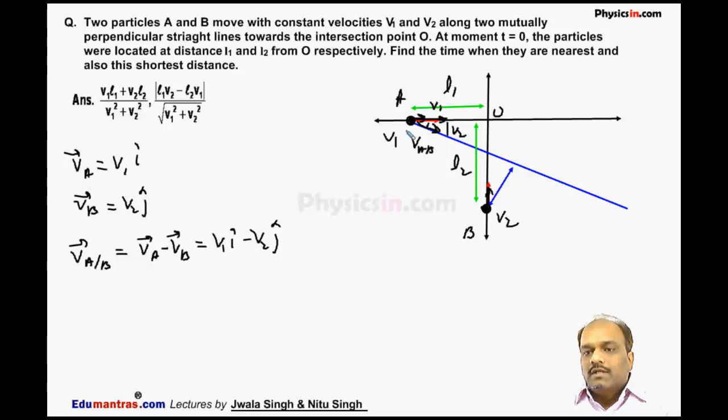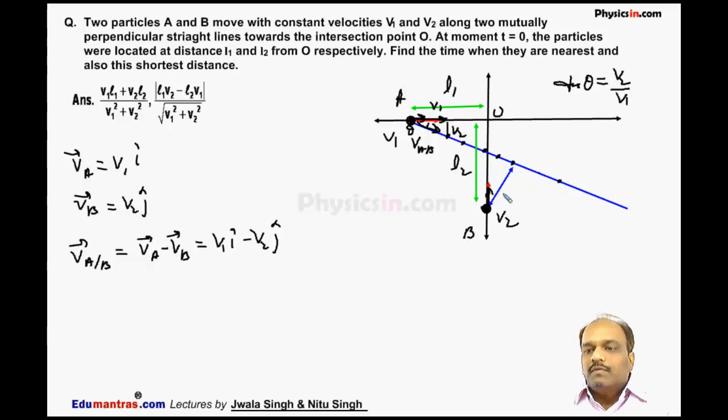So I can say this angle theta, tan theta is v2 by v1. So this A is moving along this line with a constant velocity, v1 i cap minus v2 j cap.